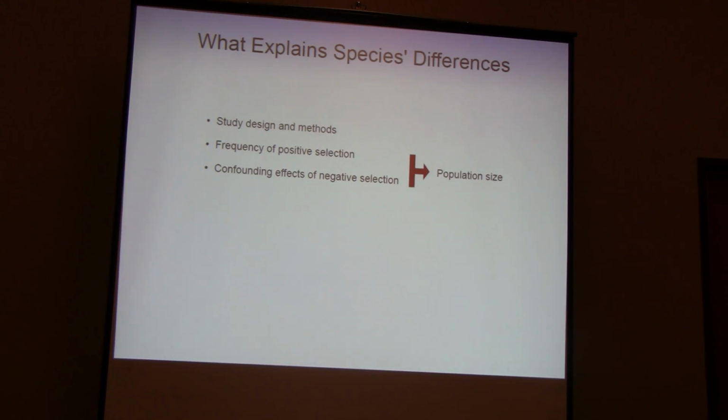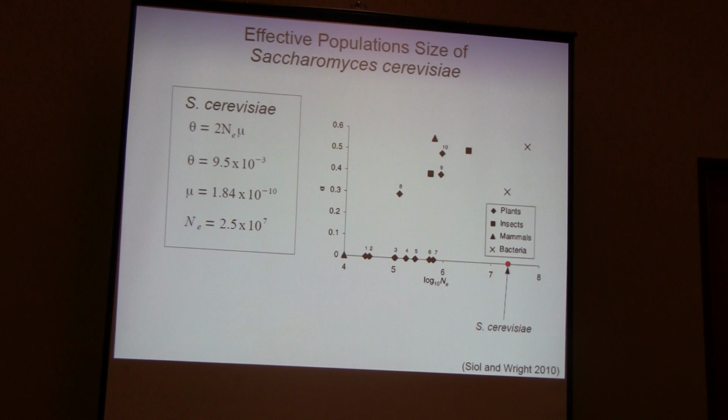So species with large population size should have a stronger signature of adaptive evolution. And there's actually some nice data supporting the role of population size. This is from a review paper where you can see a nice relationship between population size and alpha, which is the fraction of non-synonymous changes estimated to have been fixed by positive selection.